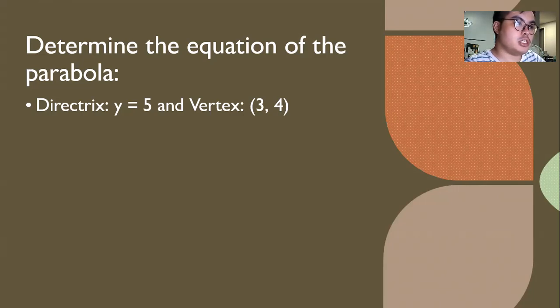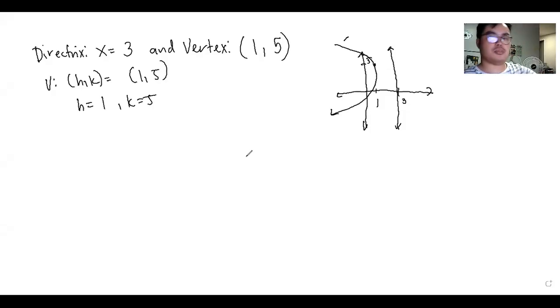So, our h is equal to 1, then our k is equal to 5. So keep in mind our directrix is x is equal to 3 and our vertex is equal to 1 and 5. So our h is 1, then our k is 5.